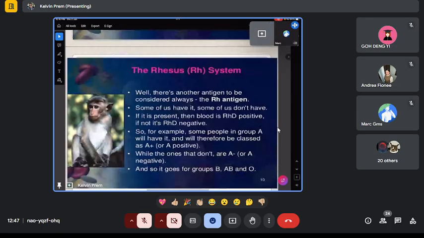The next thing that we determine is the RH or rhesus. As mentioned, if it's present, they are rhesus positive. If it's not present, then they're negative. It applies for all these groups.